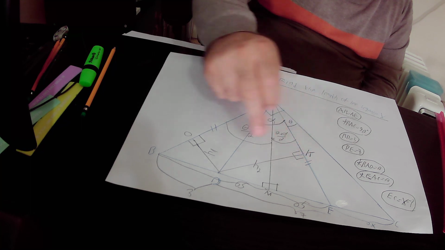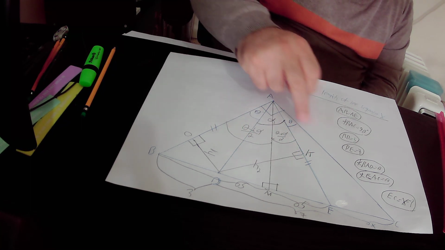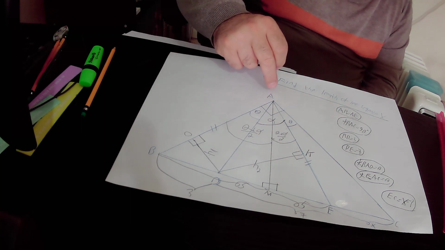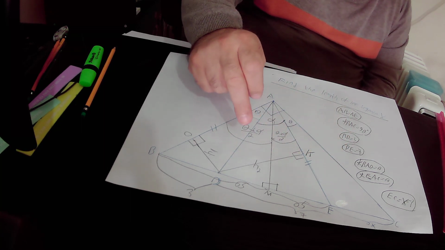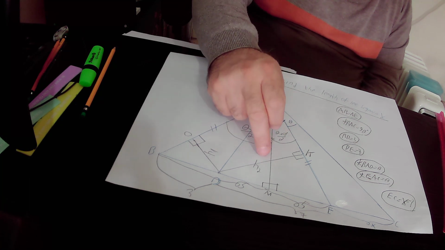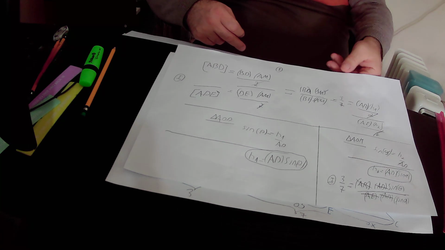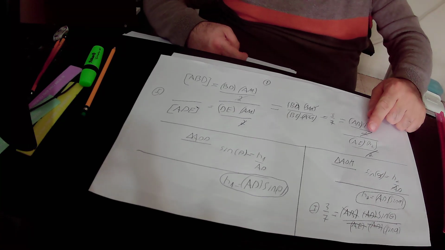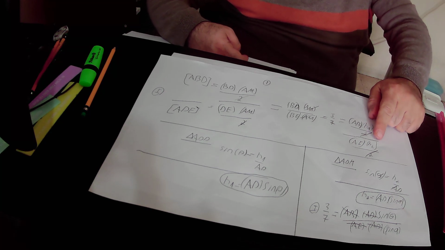Here you can see that DK indeed creates 90 degrees with the base AE, so the base is AE, the height to the base that creates 90 degrees with the base is DK, that is H2, over 2. So in conclusion, we found out that the area of triangle AED equals AE, that is the base, times the height, that is H2, over 2.